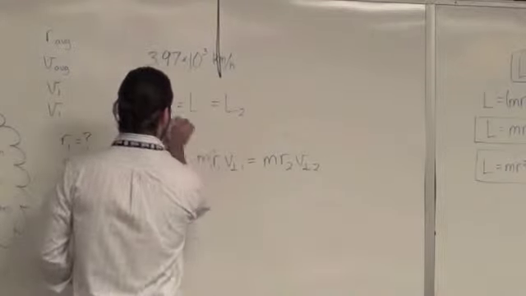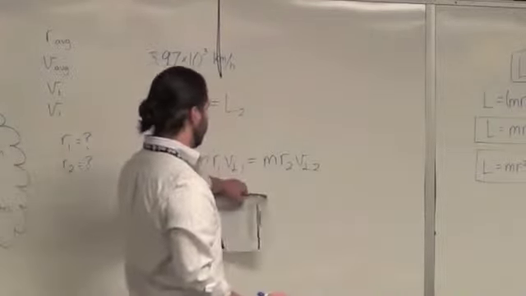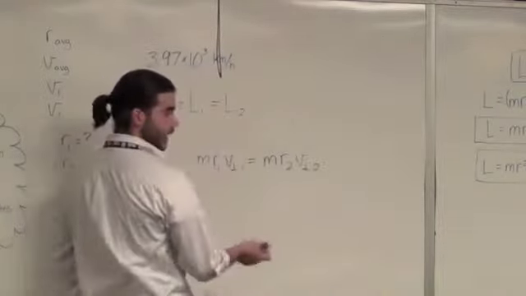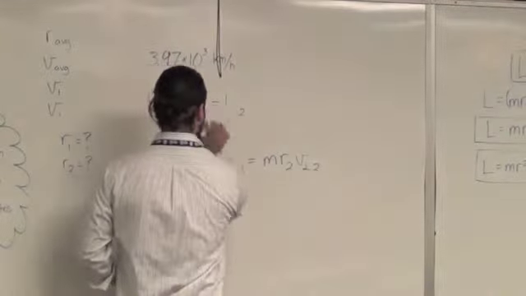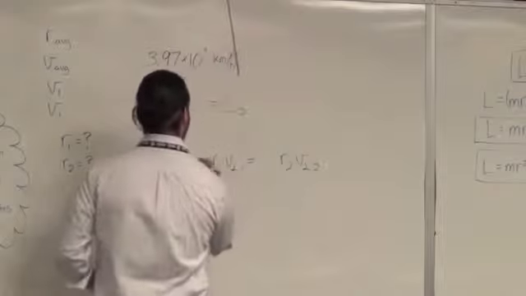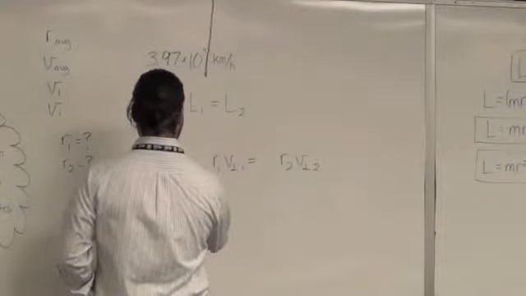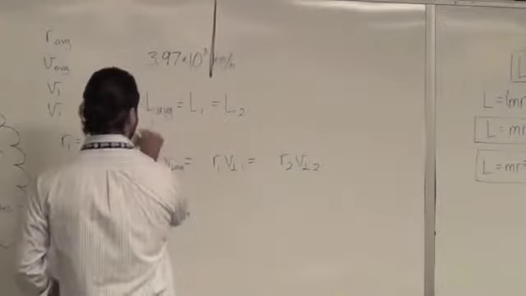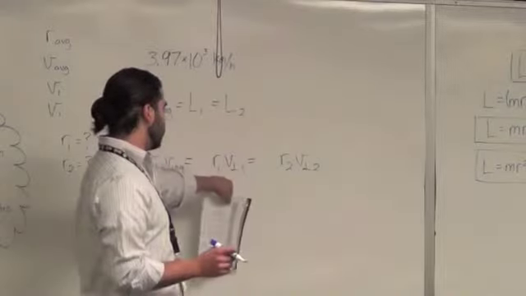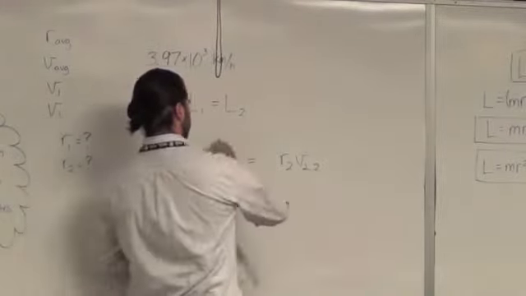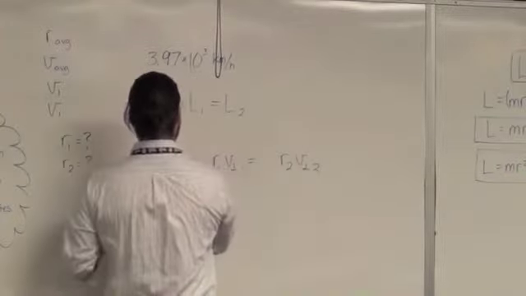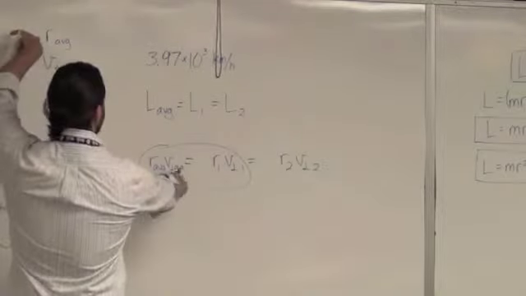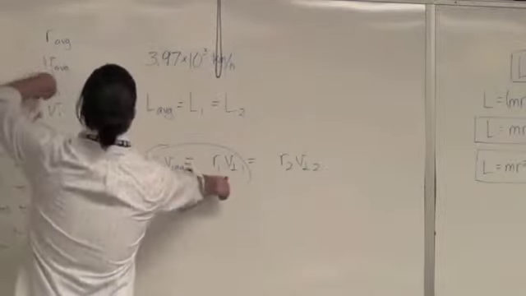For example, R1 times V1 times M is equal to R2 times V2 times M. The M's are just going to cancel out. You could also set that equal to M times R average times V tangential average, and the M again cancels out. If we want to find R1, we don't know R2, so we're not going to use this equation; we're going to use this one, because we know R average, V average, and V1.